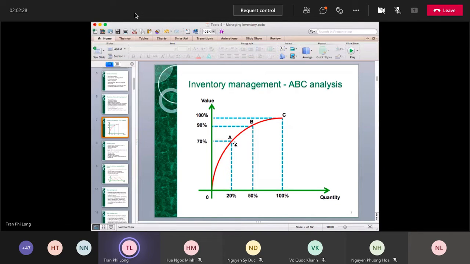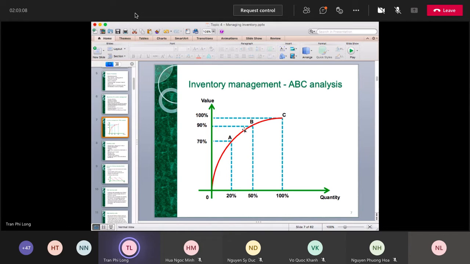For example, in this case, I classify my inventory into 3 categories, A, B, and C. Inventory A has a quantity of only 20%, but its value is very high, 70% of the total value of inventory. So inventory A is the most valuable inventory to the company.